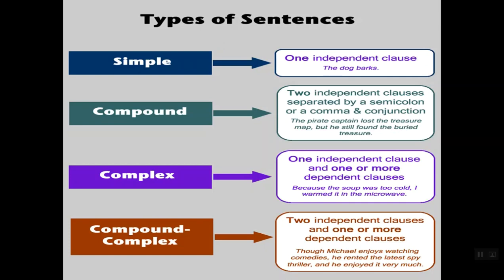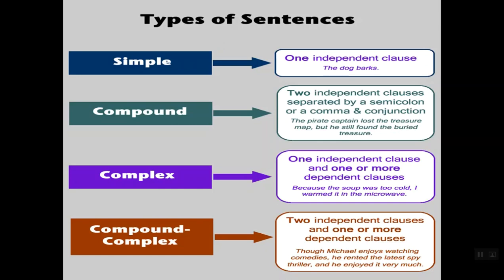So, though Michael enjoys watching comedies, this is a subordinate, dependent clause. We have one dependent clause here. He entered the latest spy thriller. This is one of the independent clauses.